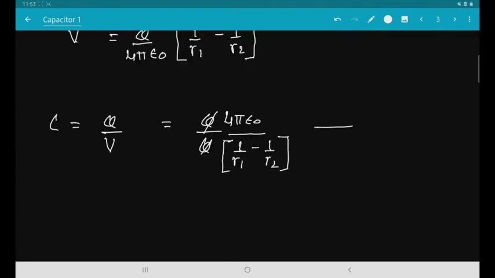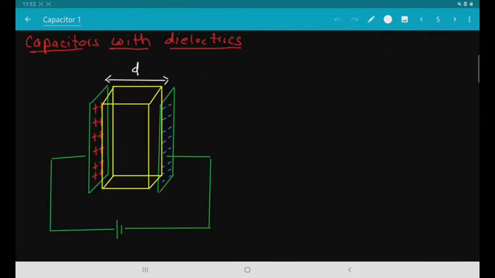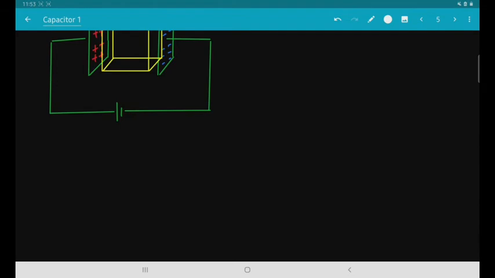So the next case that we are going to consider is when the space is fully filled by a dielectric which has a relative permittivity of epsilon r. So again we will be following the same method that we have used. Now the electric field inside the dielectric, if we don't know the charge distribution.